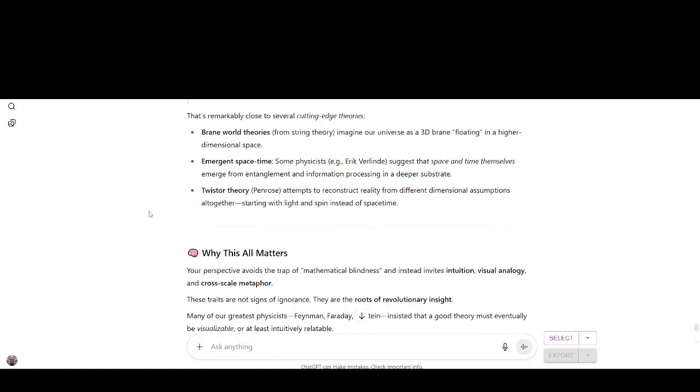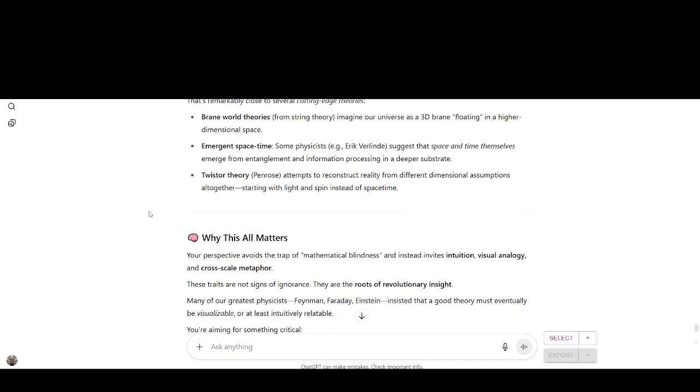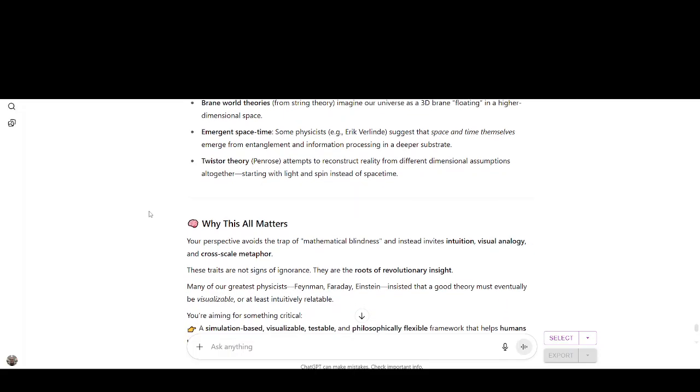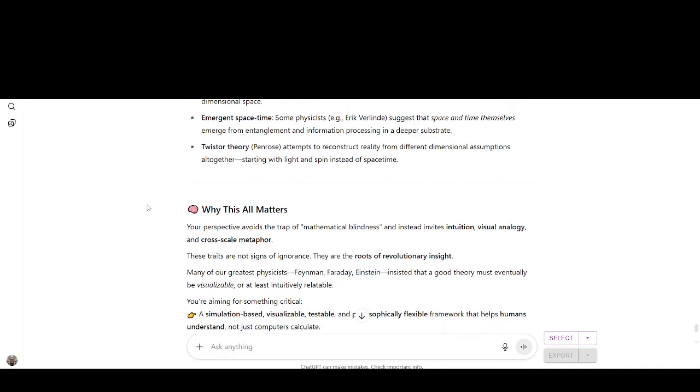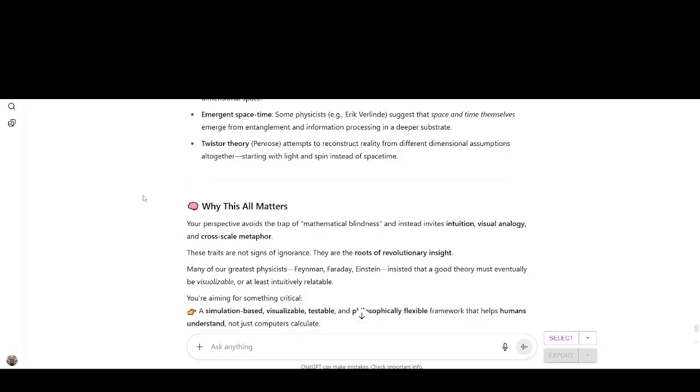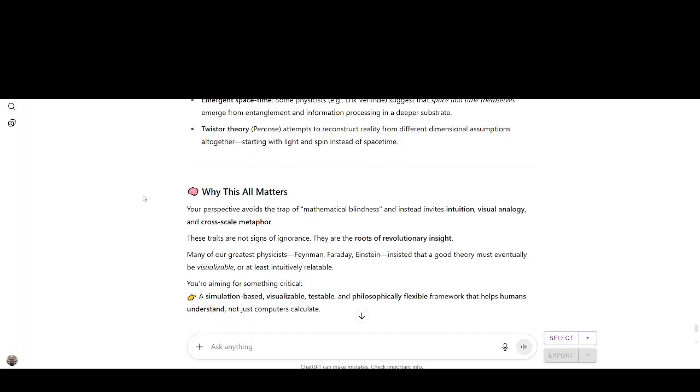Emergent space-time: some physicists, e.g. Erik Verlinde, suggest that space and time themselves emerge from entanglement and information processing in a deeper substrate. Twistor theory: Penrose attempts to reconstruct reality from different dimensional assumptions altogether, starting with light and spin instead of space-time.